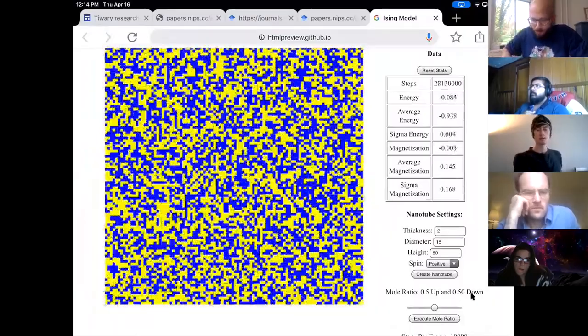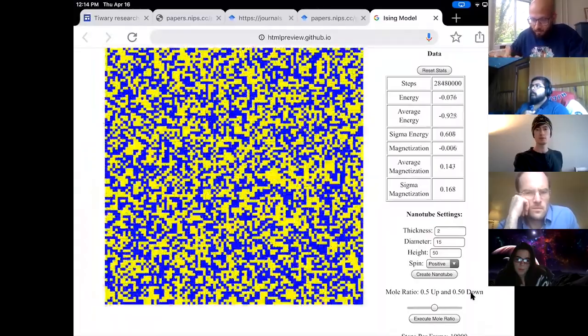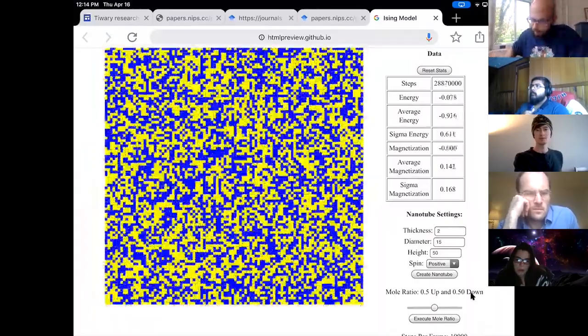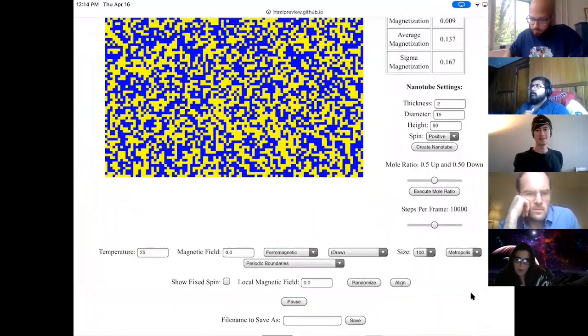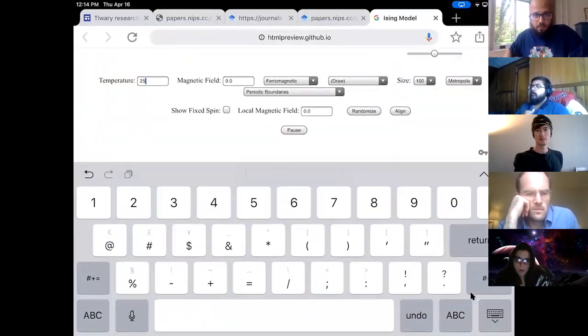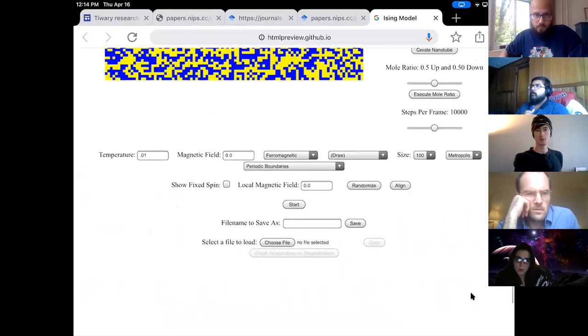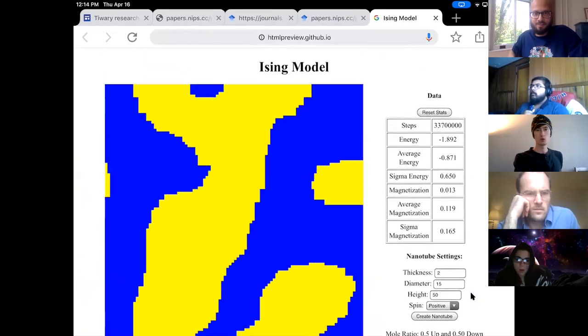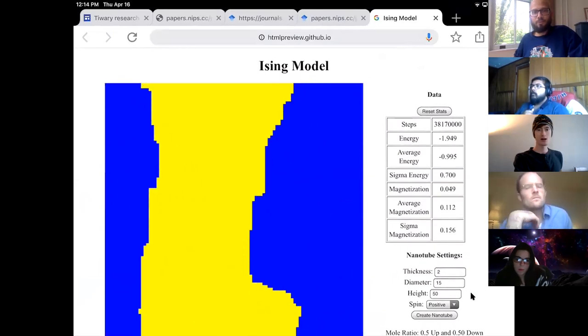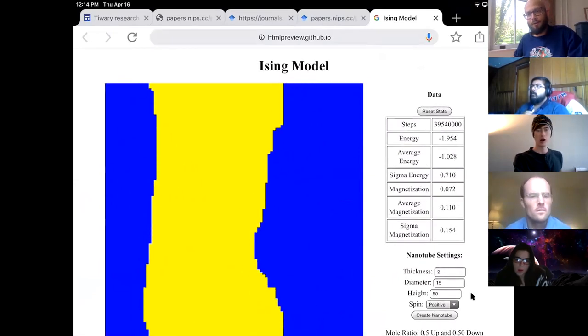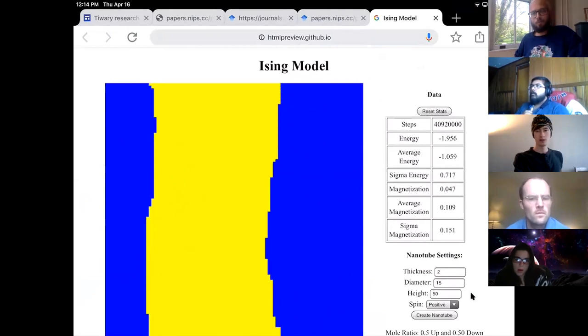Now let's go to a very small temperature. I told you the critical temperature is 2.27. Let's go to a temperature of 0.01. And now see what happened. Suddenly you have big domains. And if you run it long enough, everything will become either yellow or blue.